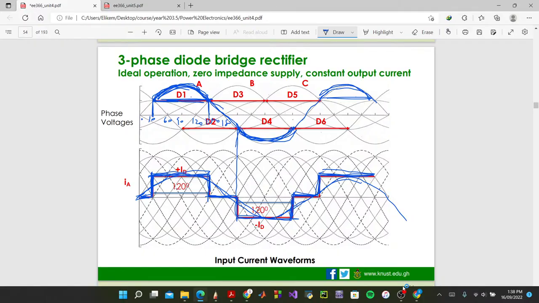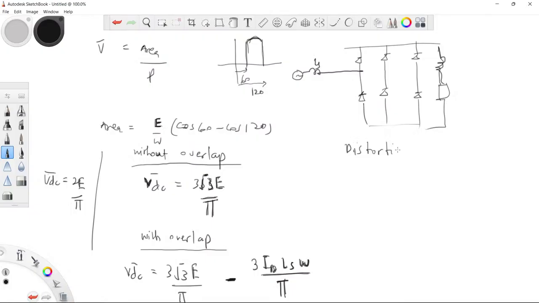Our first term is the distortion factor, psi. Because we are not getting a sine wave, the wave we are getting is distorted from the ideal case that we expect.